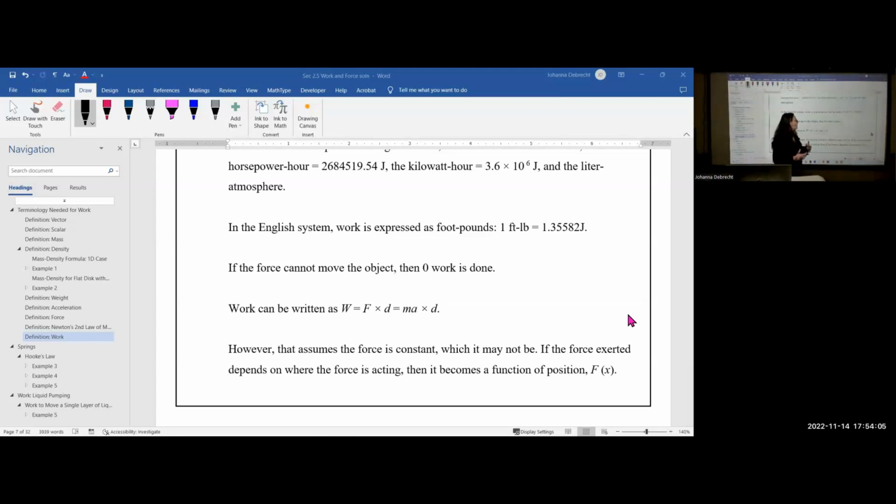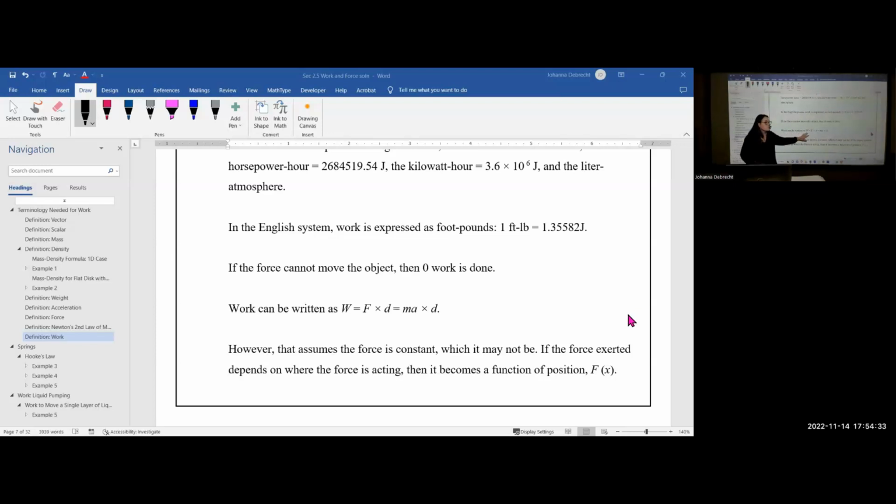Now, 1 foot pound is 1.35582 joules, roughly. All right, so a foot pound means that you've moved a pound through a foot, or a pound of force was applied that moved an object through 1 foot. Now, again, if there's no movement, no distance change, no work was done from the physics standpoint.